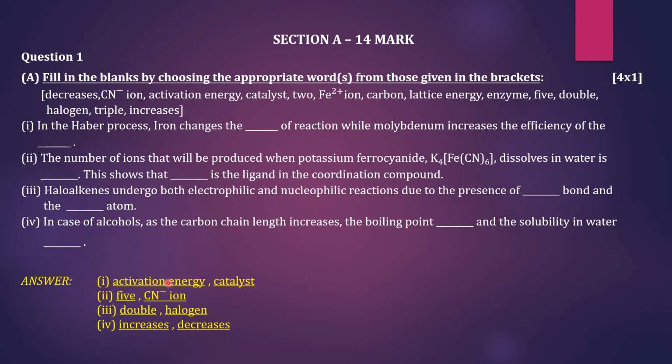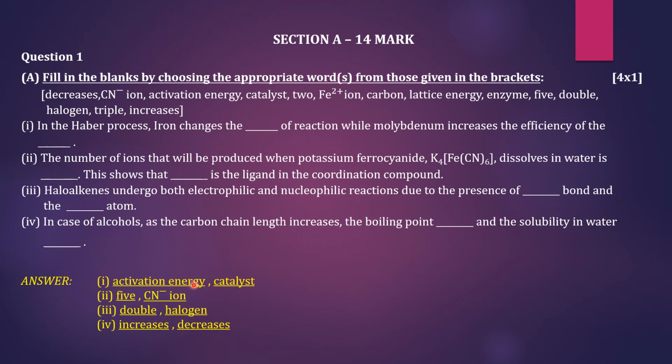So the advice is, if you know the answer for the first blank only, write activation energy, underline it, give a comma, and then leave the symbol of a blank. Then it becomes clear that you are writing activation energy for the first blank.